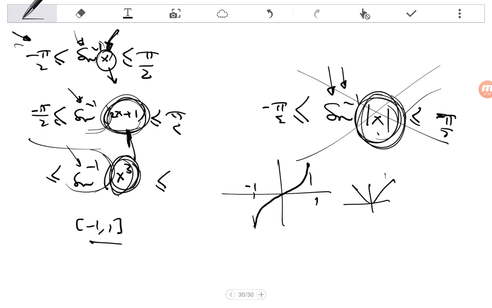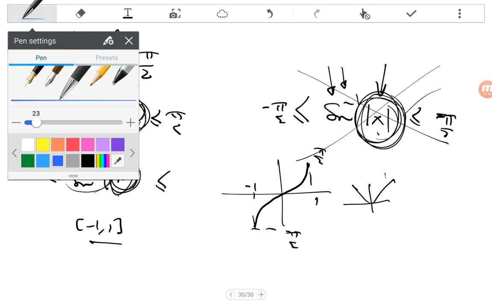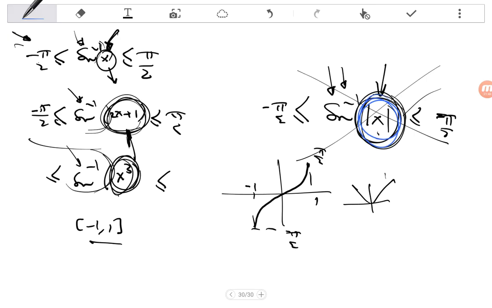That was from negative 1 to 1, and here is from negative pi over 2 to pi over 2. That is the sine inverse. Would any input to that function give me a negative input to the sine inverse? Never.